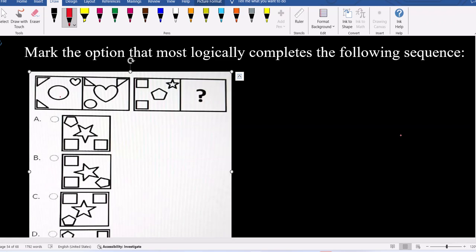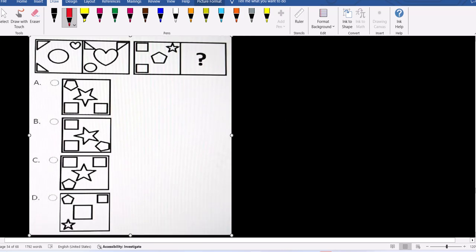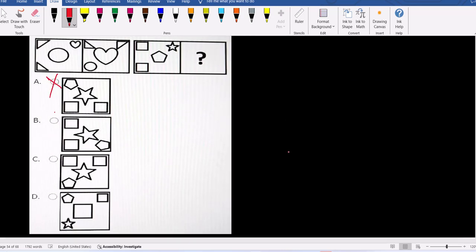We have a circle gone to this corner, and in the next step it's not available. You see those symbols, what might be next? See, this lower quarter part is empty. I think we can eliminate options A and B straightaway, because only those areas are filled. This bottom area is empty everywhere, right? So eliminate. It can be C or D, right?